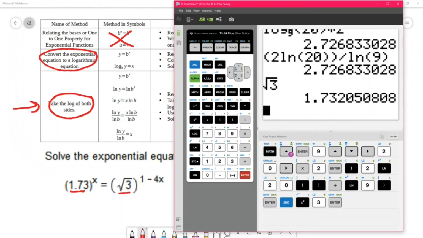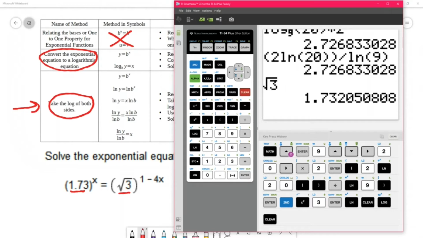On the home screen of the calculator, I have a button for natural log. With that method of taking the log of both sides, you don't have to use natural log. You could also use log base 10 or honestly any base you want.